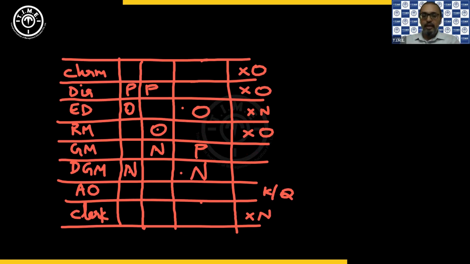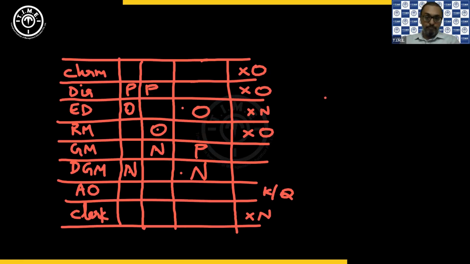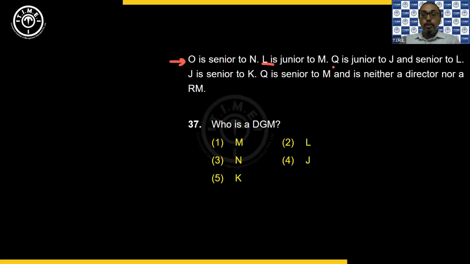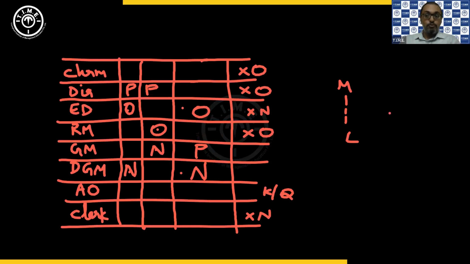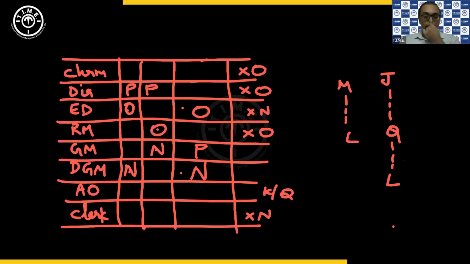O is senior to N. Then L is junior to M. So we have L junior to M. Then Q is junior to J, and means the first person, that is Q is senior to L. So we have Q junior to J, but at the same time senior to L.